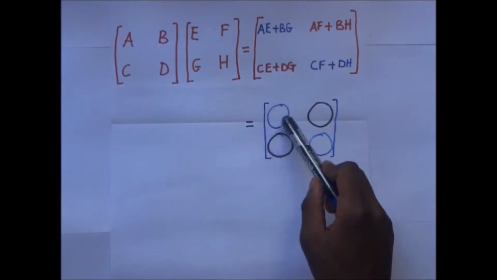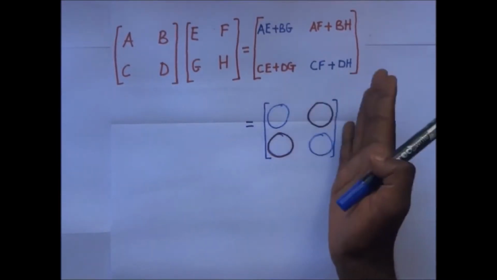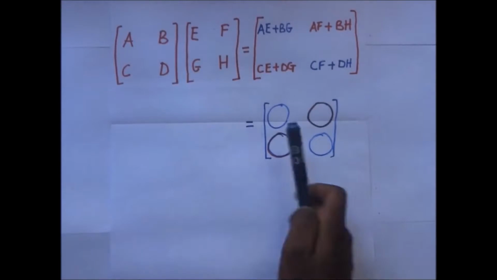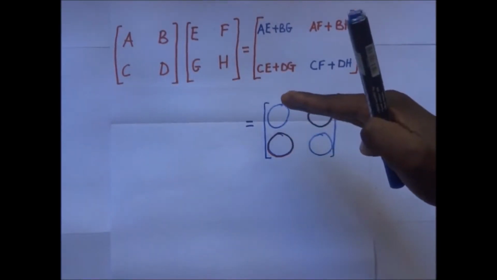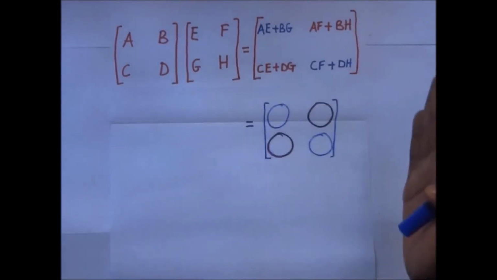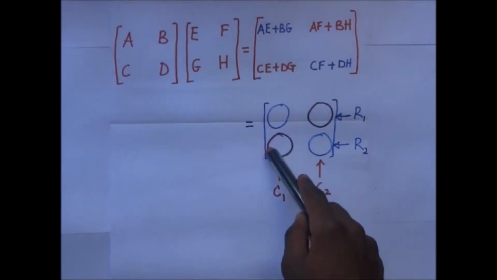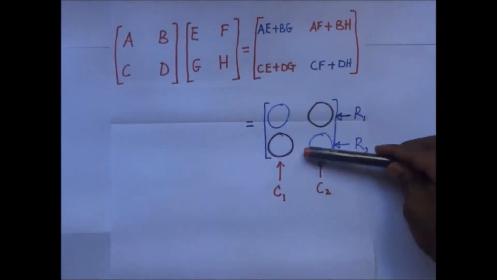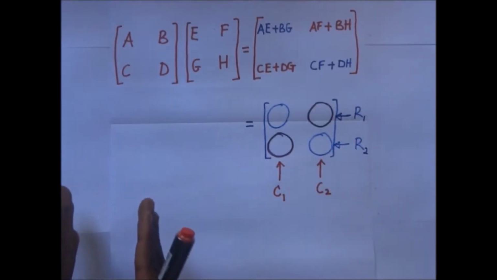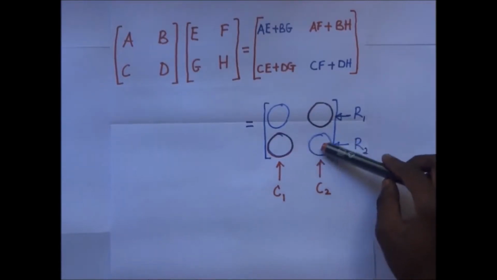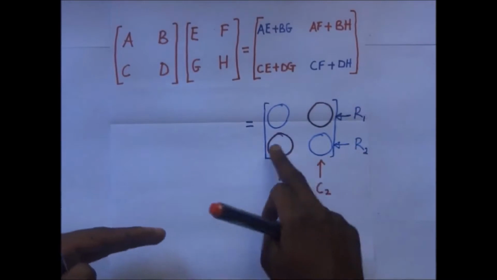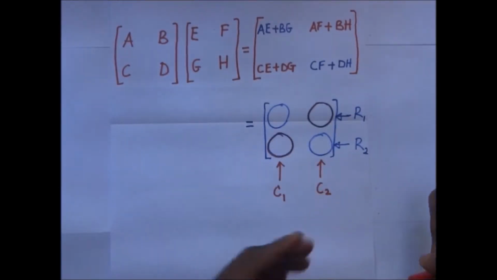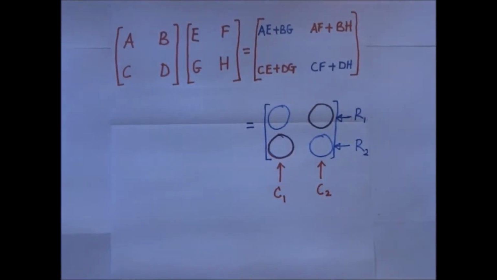It is in the top row, on the left column. If you look at this bottom circle, it is in the lower row, but on the left column. This last circle is in the bottom row, on the right column. So this is how we are going to determine which row to multiply by which column.